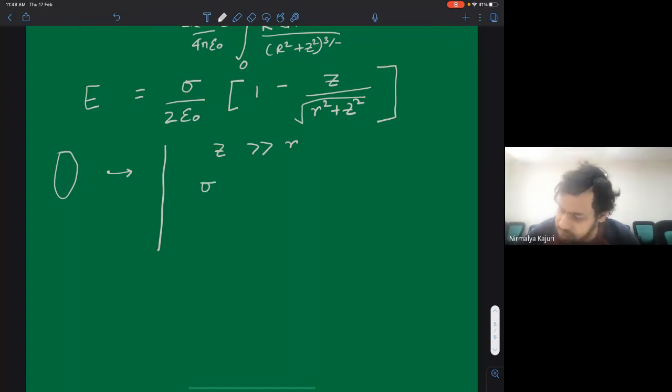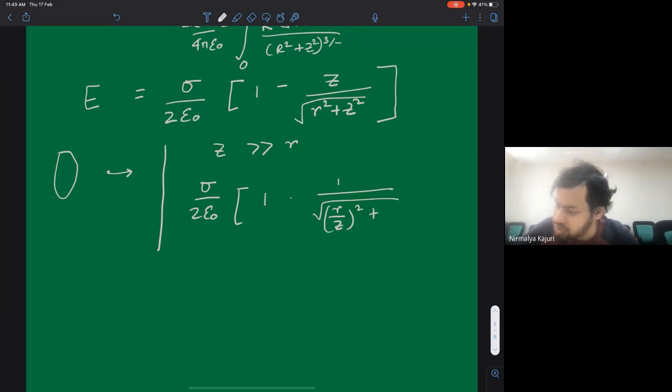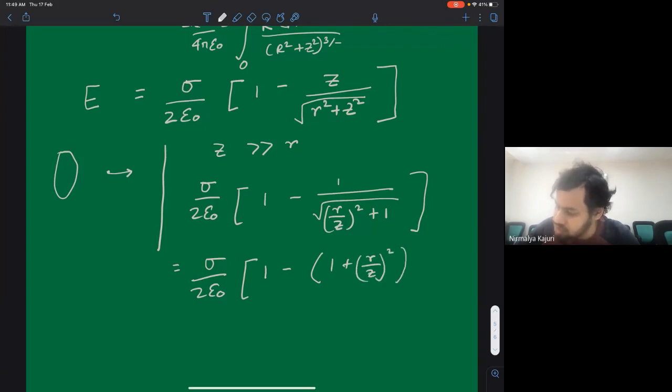So this is sigma by 2 epsilon naught times 1 minus 1 over the square root of R square by z square plus 1. We write this as sigma by 2 epsilon naught times 1 minus 1 plus R by z whole square to the power minus half.